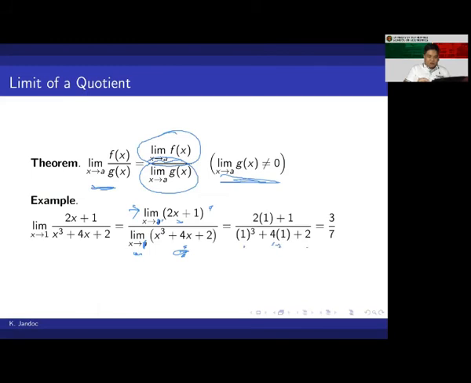So 1 plus 4 is 5, plus 2 is 7. So it's 3 over 7. Whenever you have f of x over g of x and you take that limit, it's the same as taking the limit of the numerator first, then dividing it by the limit of the denominator, provided that the limit of the denominator is not equal to 0.